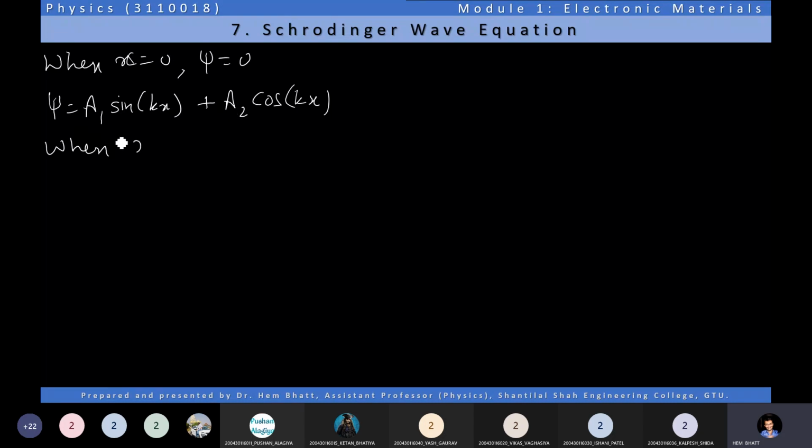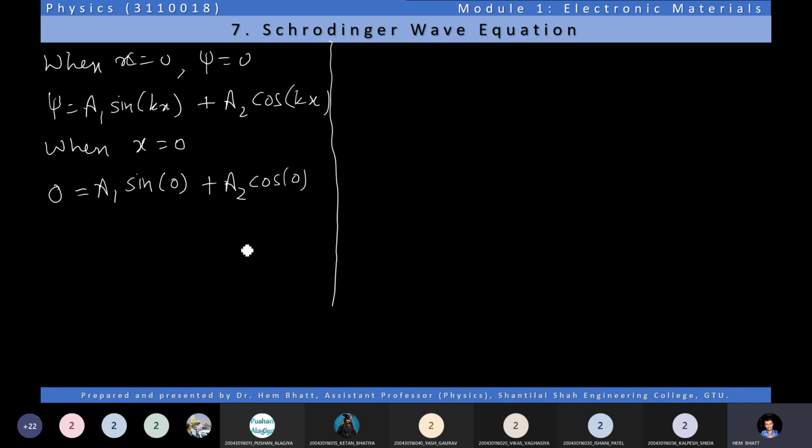When I consider x to be 0, તો left side 0 થઈ જાય. A1 sin 0 plus A2 cos 0. It means sin 0 is 0 and cos 0 is 1. So what does it mean? That A2 is also 0.